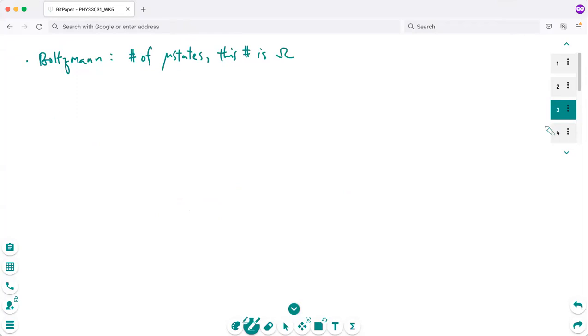Okay, so let me try to be a little bit more concrete. You will get a very concrete definition when we get to statistical mechanics, but for the purpose of explaining the Joule expansion, I would say a little bit more. So in this case, let's look at a system of gas, and now switch to the statistical mindset.